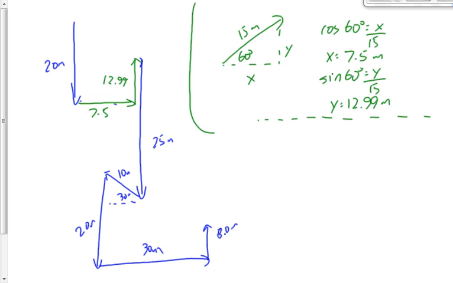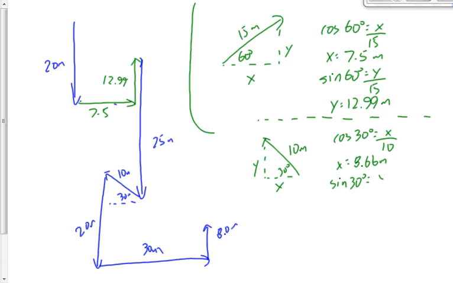We've got 30 degrees right here. This is x, this is y, this is 10 meters. We're going to say cosine 30 degrees is equal to x over the hypotenuse, the adjacent over the hypotenuse, 8.66, and sine 30 degrees is equal to opposite over hypotenuse.